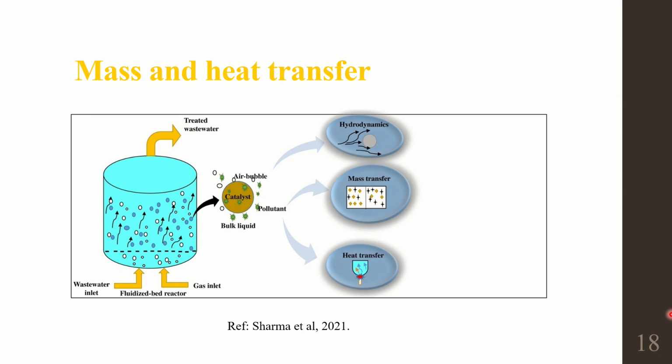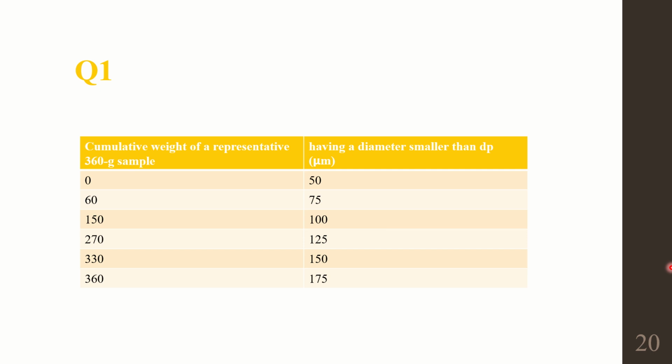I guess that's all. Now we will start with the problems for this week. This is a repetitive problem, just to give an idea of what kind of problems can be asked.